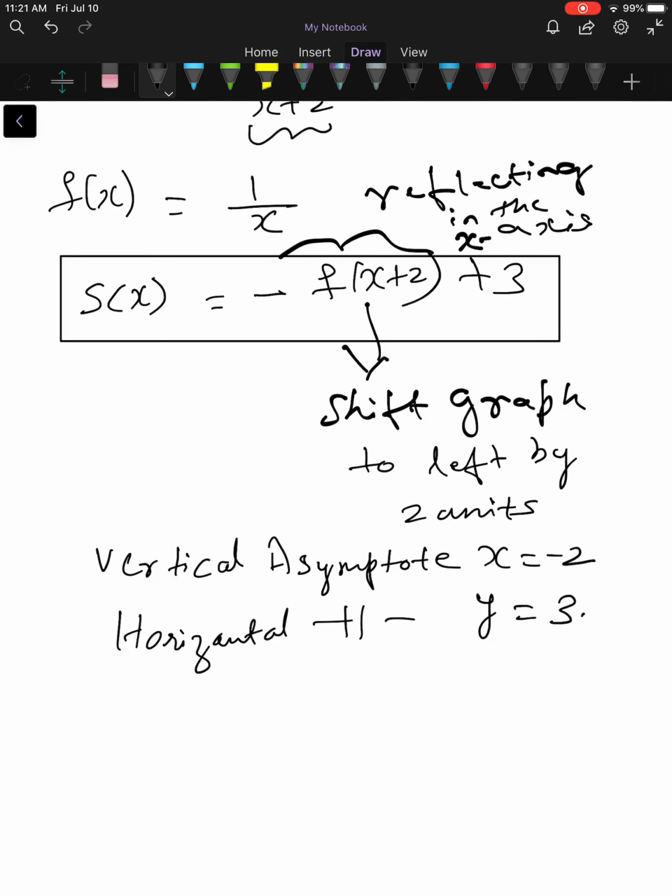Because you are shifting the whole function, that is 1 over x, by 3 units upwards, so y will be equal to 3.